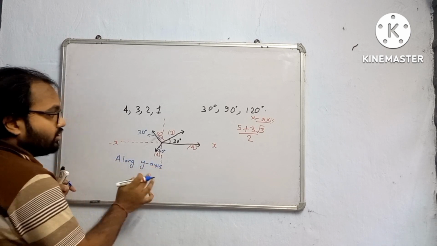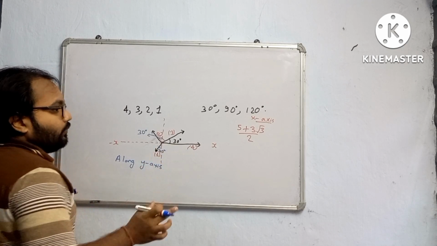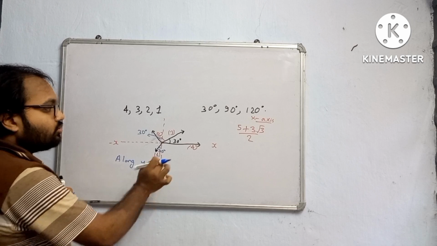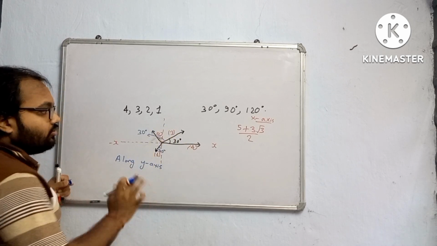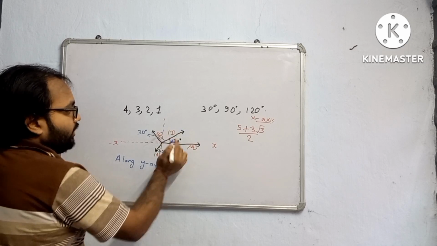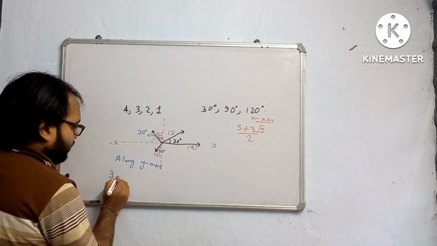Along y-axis, this is positive y-axis. The vector with magnitude 4 forms a 90 degree angle with y-axis, so it will have no component. Its component along y-axis will be 0. Let us start with the vector having magnitude 3. So it will become 3 sine 30 degree.